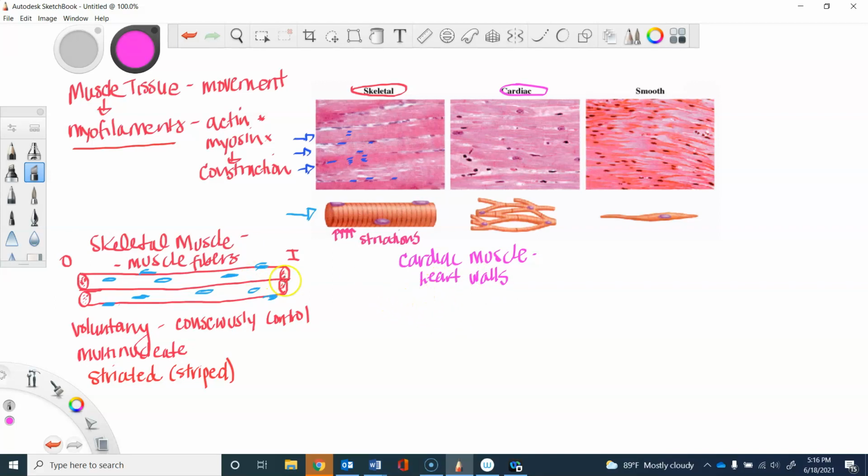The cells are similar to skeletal muscle cells, but not quite. Cardiac muscle cells don't span the whole length of the heart like the skeletal muscles span the whole length of a muscle. They're cells that are connected. So they are uninucleate.